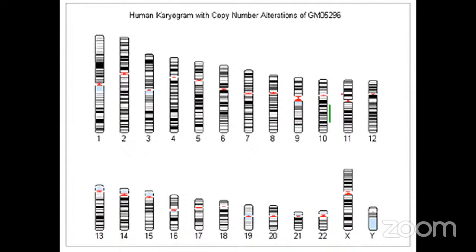Now look at the chromosome. You can see some darkly stained regions and some lightly stained regions. Darkly stained regions are heterochromatin, whereas lightly stained regions are euchromatin.